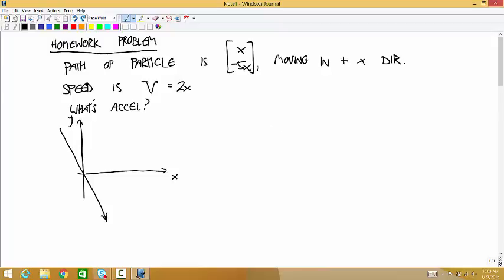Did anyone get through this one? Yeah? Maybe? The velocity vector is the speed times the unit vector in the direction of the motion. And so we have the speed as a function of time.